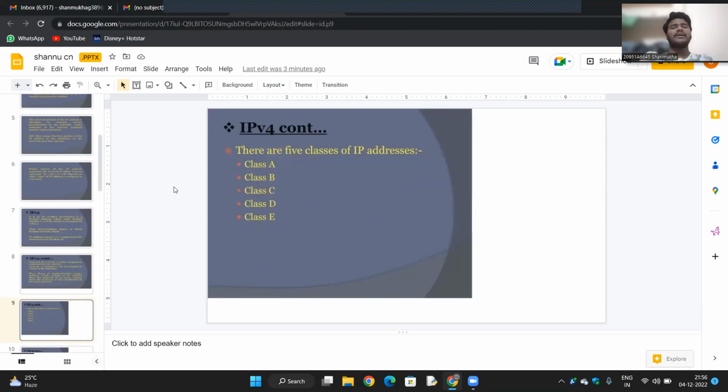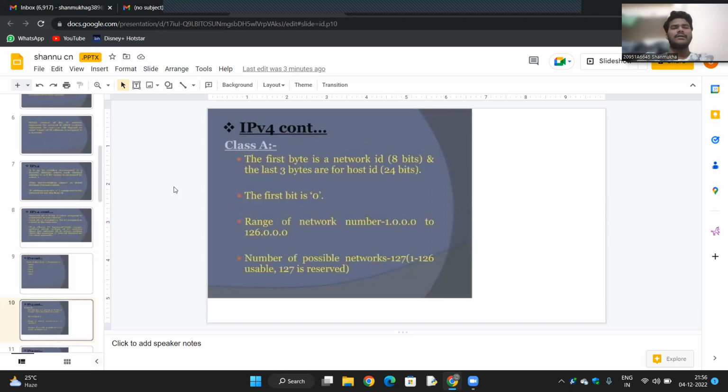Here there are 5 classes of IP addresses: class A, B, C, D, E. If we look at class A, the first byte is the network ID and the last 3 bytes are for the host ID.